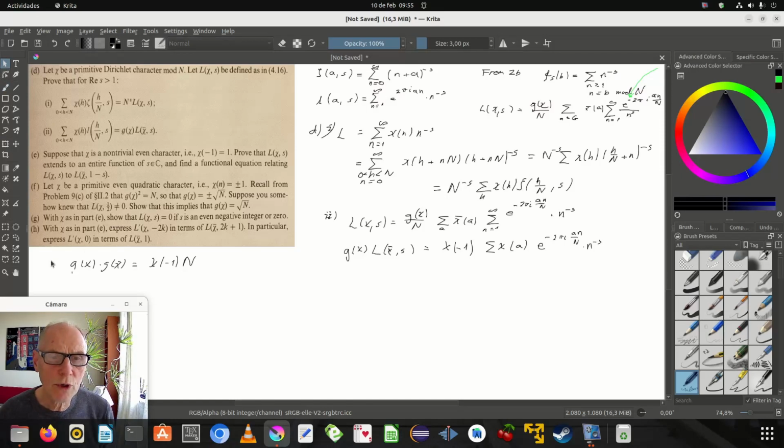And of course this only holds when chi is primitive and non-constant, as well as this formula only holds for chi being primitive. So g of chi times g of chi bar gives chi of minus 1 times n, which cancel, and then the same sum over a and n.